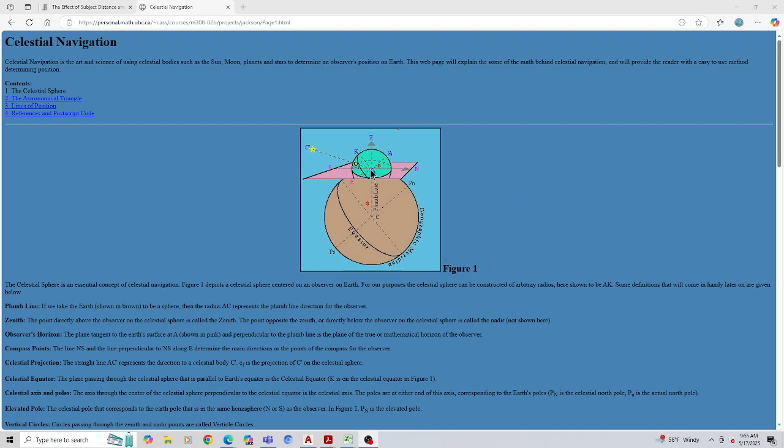Now, if your point A, or this whole observation horizon, was elevated above this supposed sphere, or a supposed plane, if it's elevated, you have to do something.